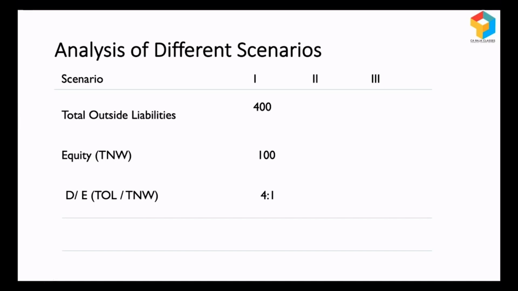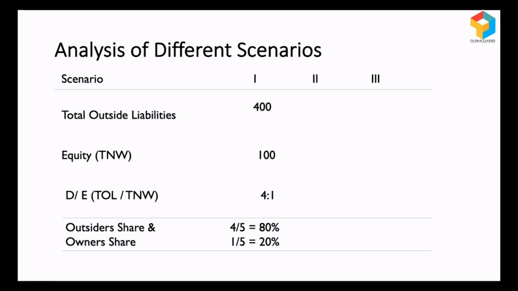That is, if this business is raising 5 rupees, outsiders are contributing 4 out of 5, that is 80%, and owners are contributing 1 out of 5, that is 20%. They are contributing only 20%, and the remaining 80% has come from outsiders.